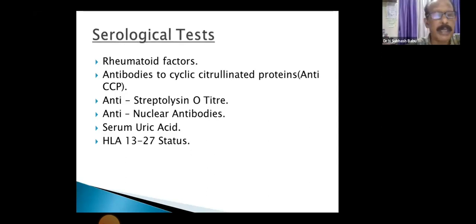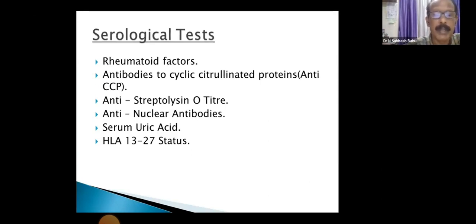For example, if you are getting the Jones criteria for diagnosis of rheumatic fever, major and minor, then with a positive ASO titer you can say that this test positivity is in favor of rheumatic fever.